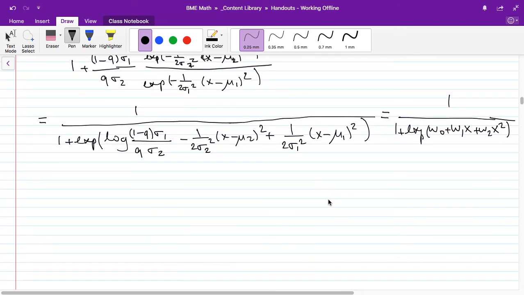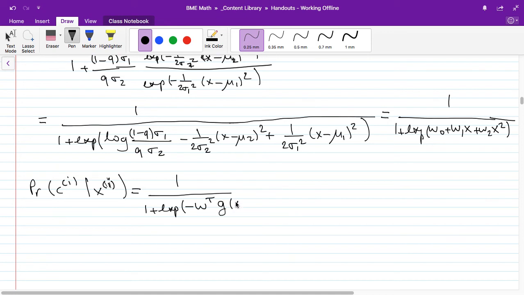So the posterior probability is going to have a quadratic function of x in the exponential. What this means is that I can write the posterior probability of some class given xi as 1 over 1 plus an exponential of some w vector transpose some g vector of xi.